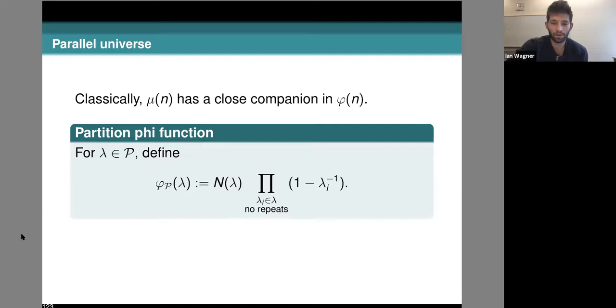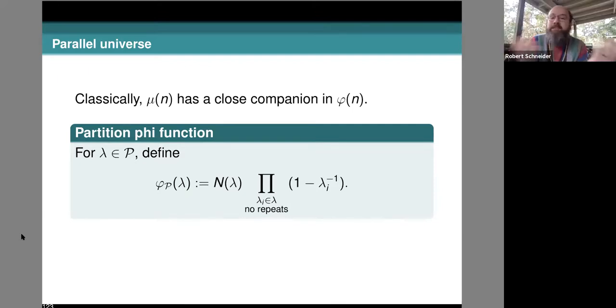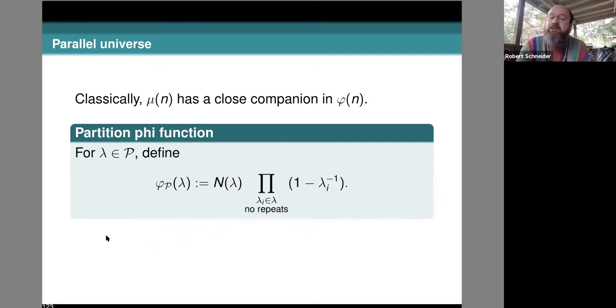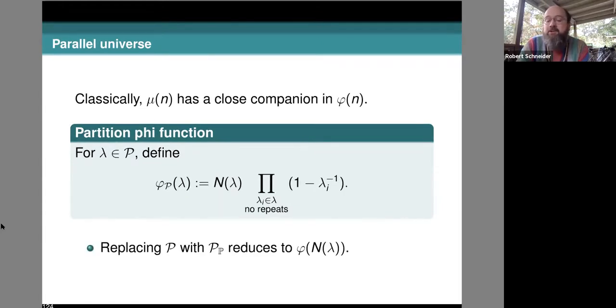Now notice that we don't have the interpretation that it's counting the number of coprime somethings up to something, because we don't have that kind of an ordering on partitions. So in this case, this really is the natural way to look at the partition phi function. And given this definition, for one thing, this does actually reduce back to the classical phi function.